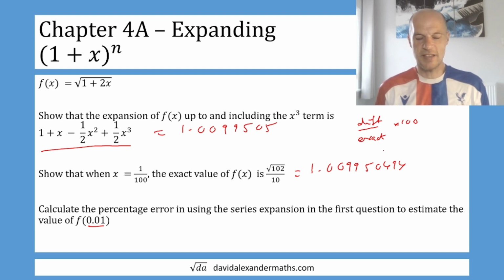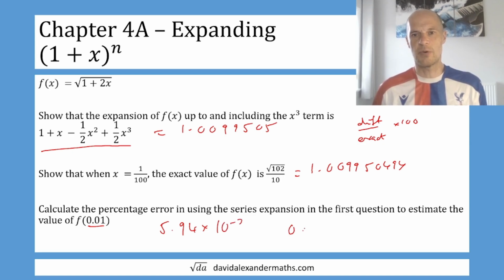So I'm going to divide that by the exact value, which is 1.009950494. I could actually just type in root 102 over 10 if I wanted to, and then multiply that by 100. So what I'm getting is a percentage error of 5.94 times 10 to the -7, or 0.123456594%. So the percentage error is minuscule.